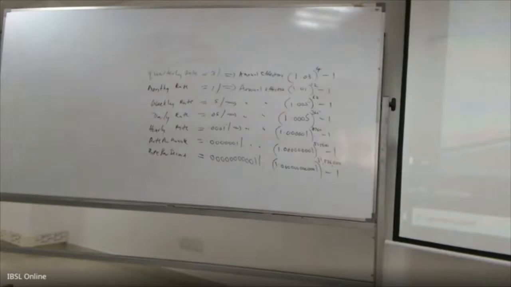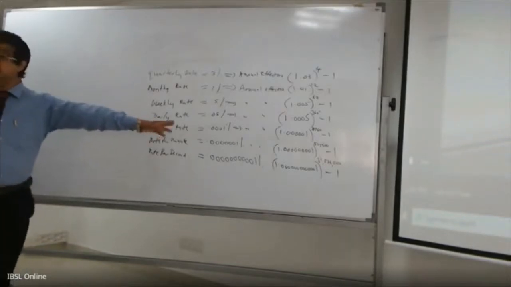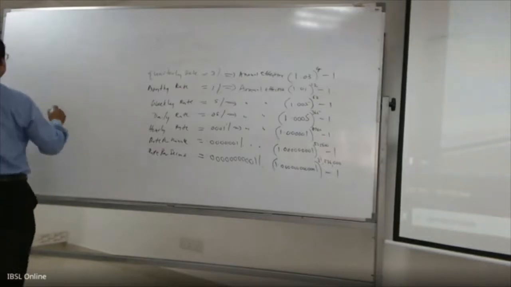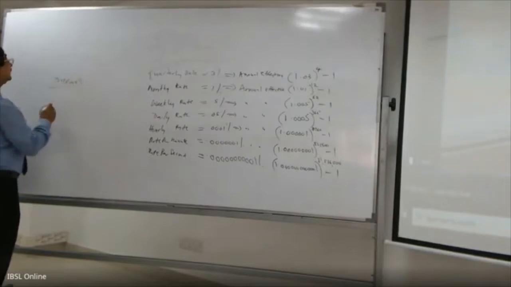So now I will give you a simple formula to get this in continuous compound. Say for example, I want to continuously compound interest for say 3 years. The per annum rate is, sorry.